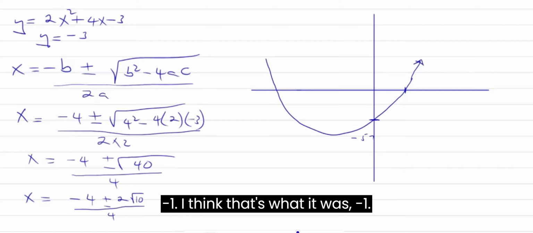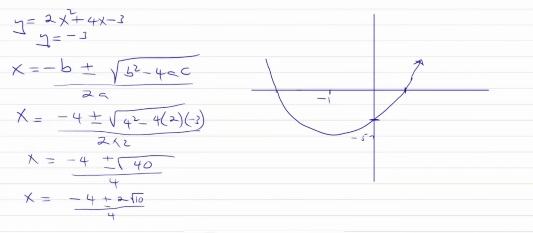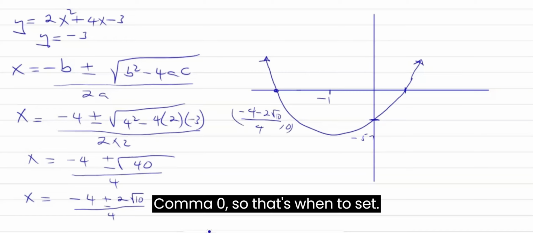Let's say that's -1, I think that's what it was, -1, and that is going to be -4. Let's get more space. Comma 0, so that's the intercept.